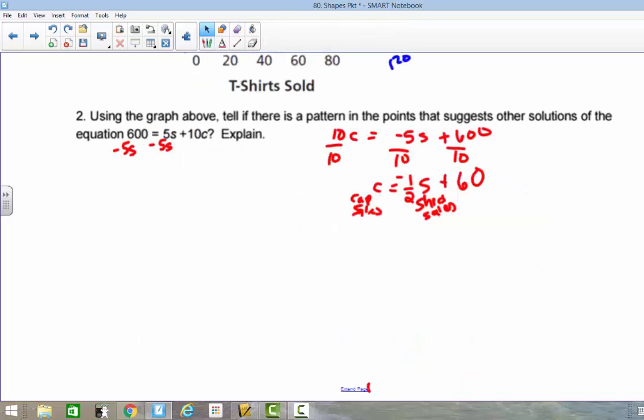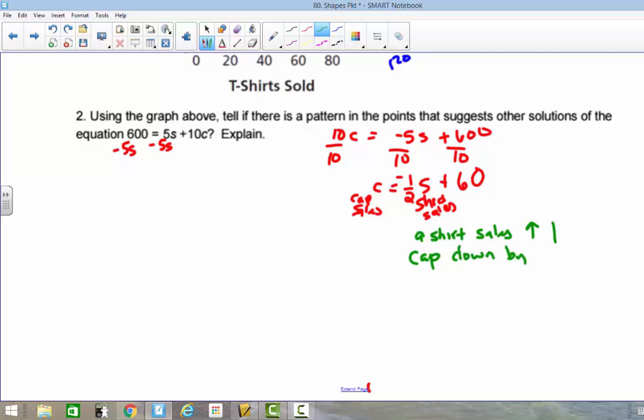This equation is telling you that as the shirts go up by 1, the caps go down by 1/2. So if you sell 0 shirts, you have 60 caps, and for every additional shirt sold, there's 1/2 less cap sold. So it doesn't actually make sense to connect the dots because you can't sell half a cap.